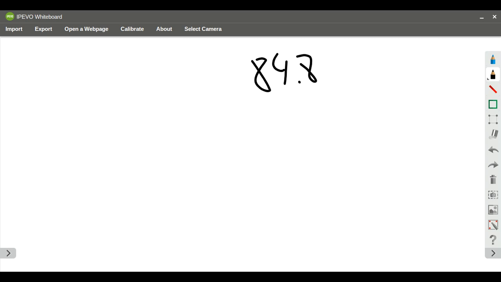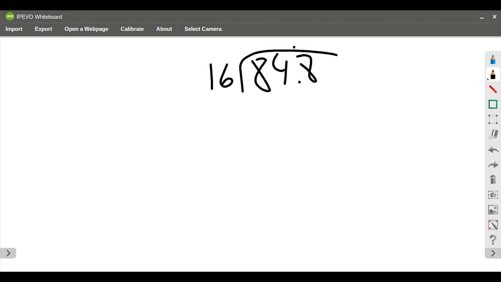I'm going to divide 84 and 8/10 by 16. The first thing I'm going to do is take the decimal and bring it straight up so I don't have to worry about it anymore. Then I look at how many times 16 is going to go into 84.